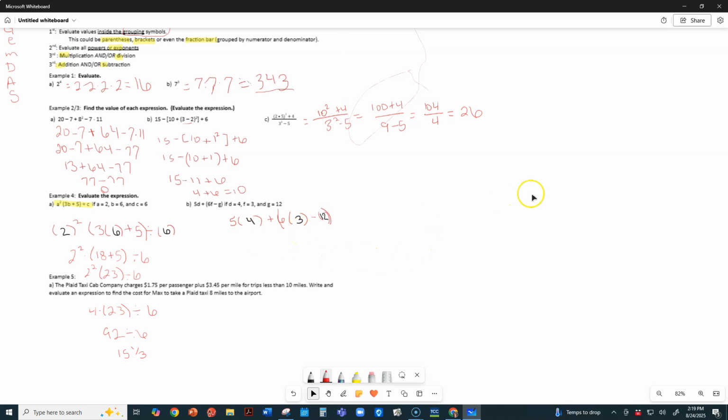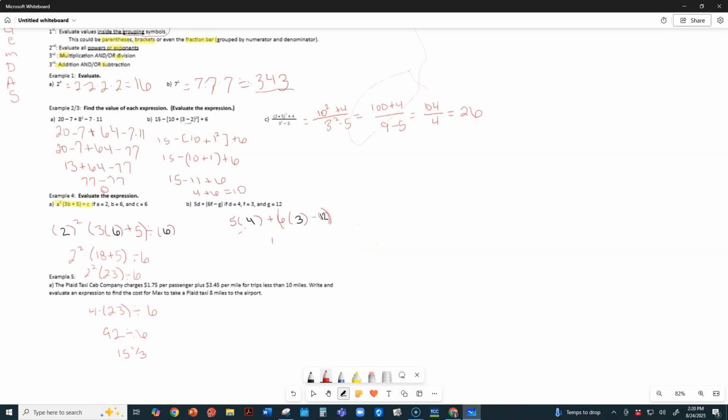This one here, I have grouping symbol. So inside my grouping symbol, I'm going to work with this one. There's nothing inside that. That's a parentheses that just tells me to multiply. So I'm going to work inside this grouping symbol here. I've got multiplication to do first.